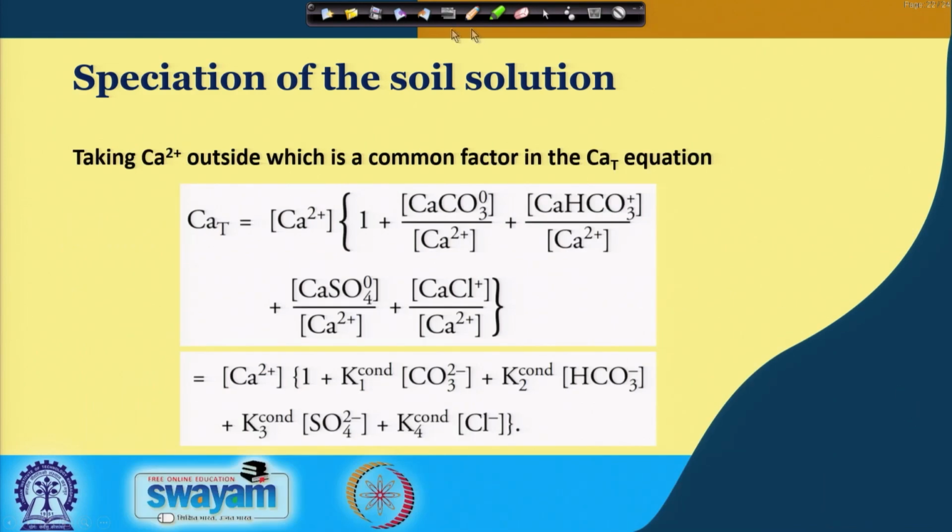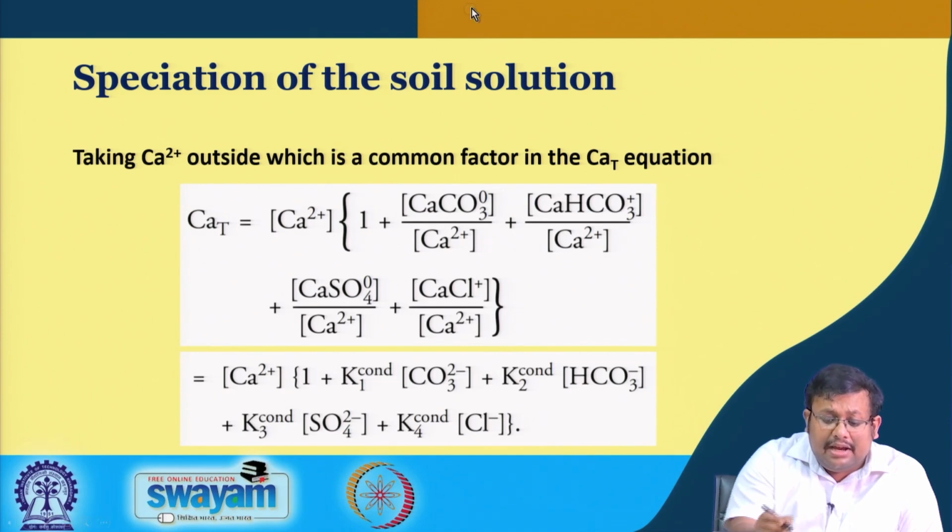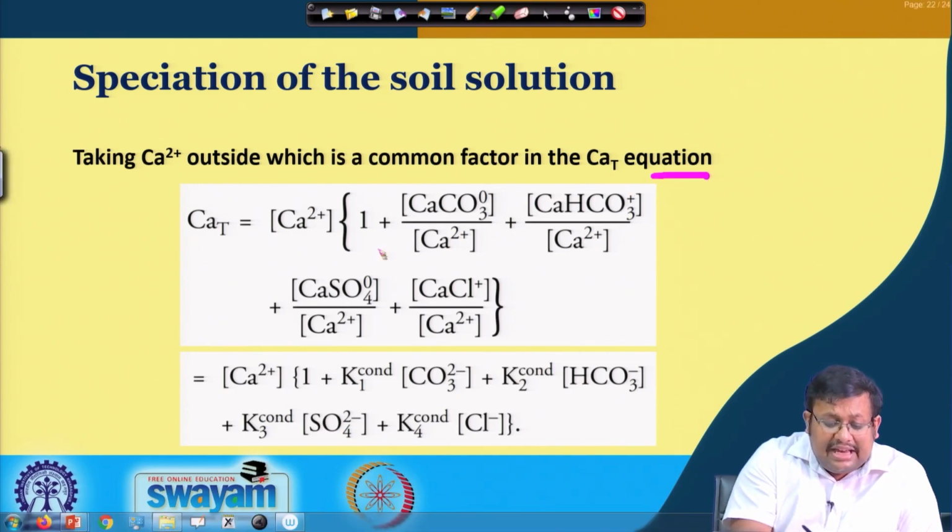Now, if we take the calcium outside, which is a common factor in this CaT equation, then we can get this form.